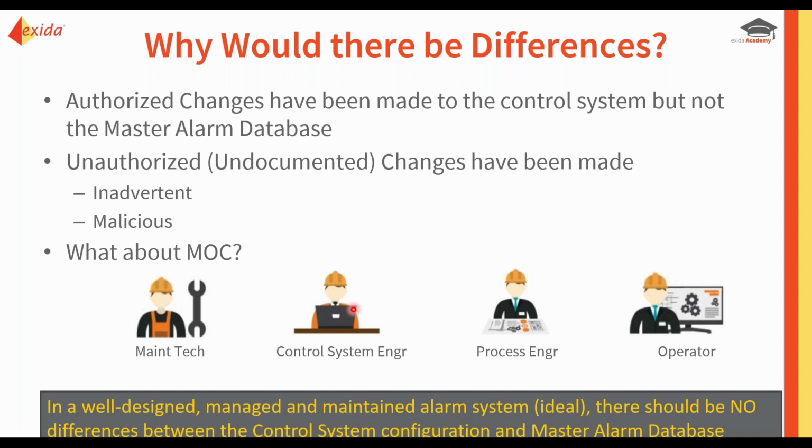However, if there was no MOC process initiated, or somebody made a configuration change that they thought would help or did something inadvertently, that's when we end up with unauthorized changes. And for the different roles in the plant, they all have different types and levels of access to the running control system. The control system engineer has access to the actual configuration, for example, while the operator has access to the system through the human machine interface.